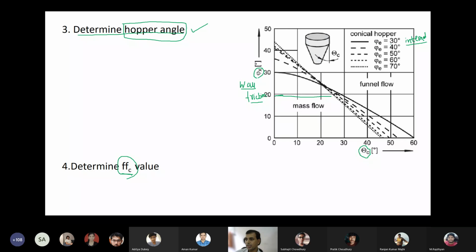I need to take the internal friction of 30, and this is the line. So it will touch here. If I take exactly 19, probably it comes to be 30.5.